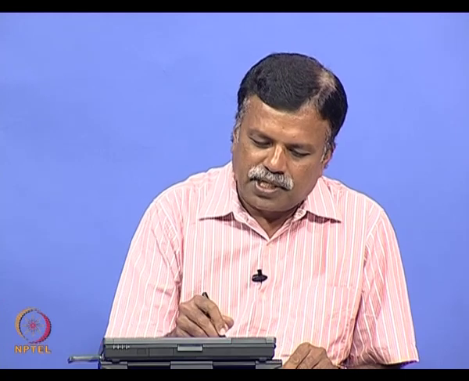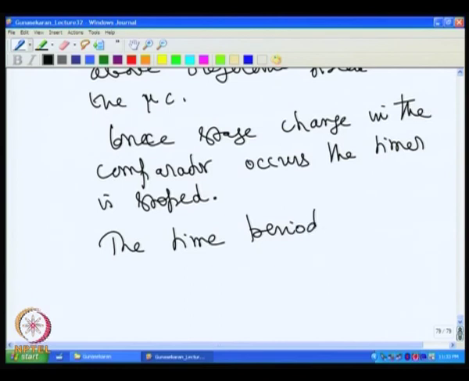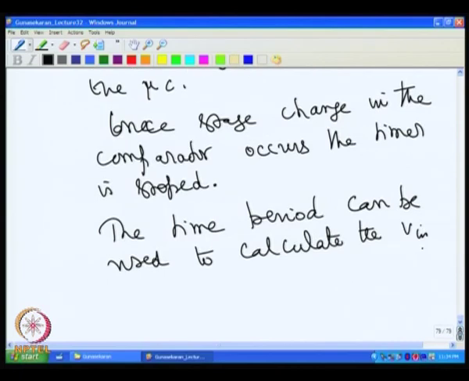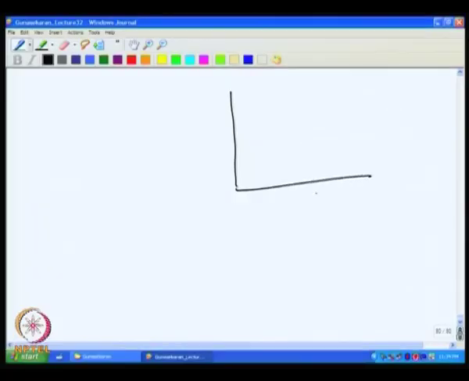So, the time period can be used to calculate the input voltage Vin. This is because the capacitor charges exponentially to the V reference. If you plot time versus capacitor voltage, it is exponentially going up.